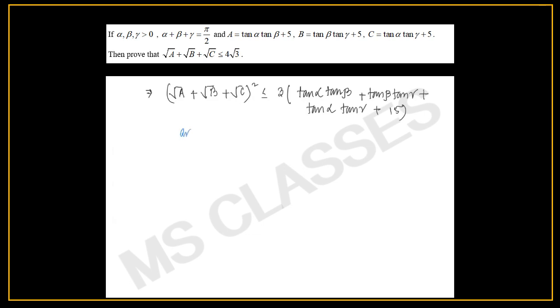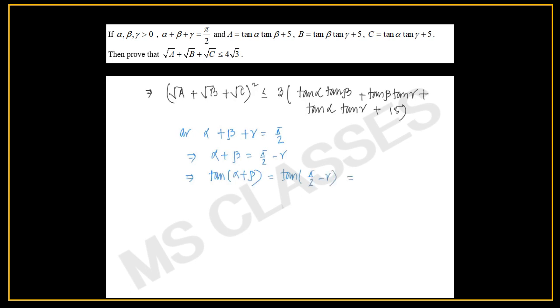As alpha plus beta plus gamma equals pi by 2, we can write alpha plus beta equals pi by 2 minus gamma. Now from this, tan of (alpha plus beta) equals tan of (pi by 2 minus gamma).